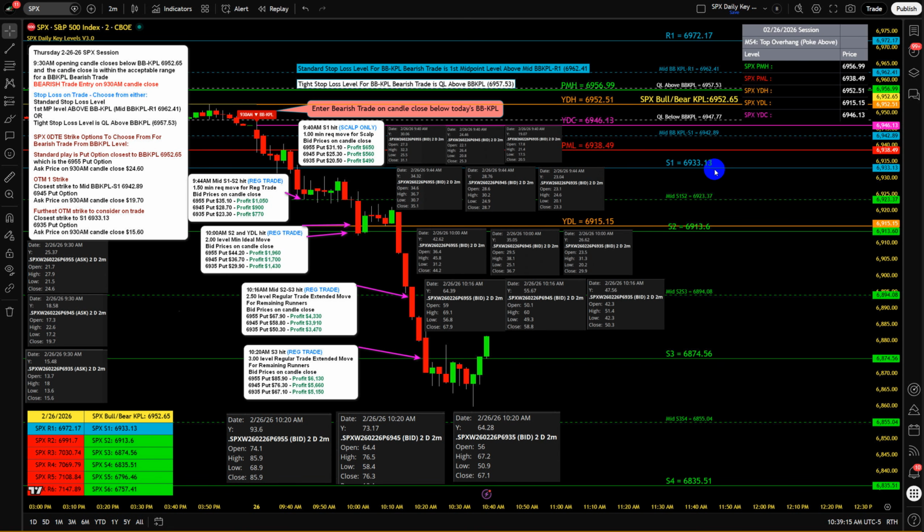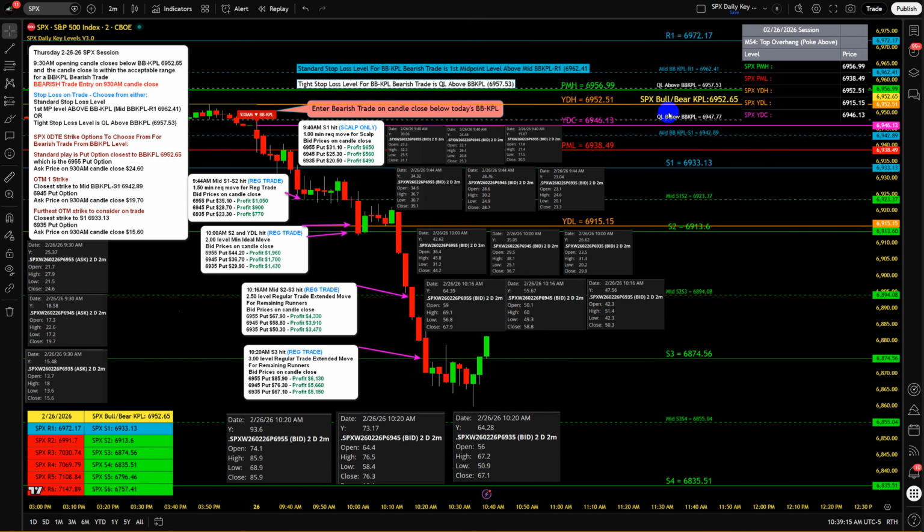However, just keep in mind that with any bullish or bearish trade off of any main key level with this particular indicator, there are always going to be three different option strikes that you can use, and you would use the same process whether it is a bullish or bearish trade.